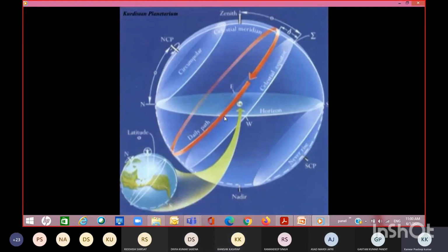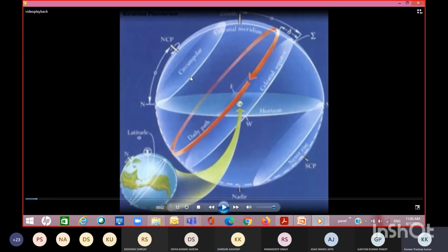This should be clear. Now what is the difference between the circumpolar body and this body, the red line? You will see that this body rises in the morning and sets in the evening, and there is a path which it takes during the night time. But in the case of the circumpolar body, the body always remains above the horizon.